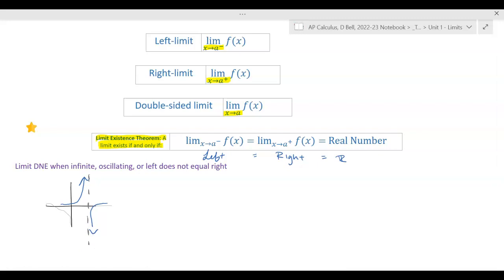Well, the limit from the left, if we make this a, so the limit of f of x as x approaches a from the left is going up to positive infinity, but from the right, it's going down to negative infinity.